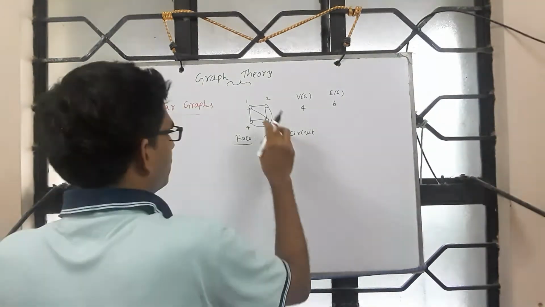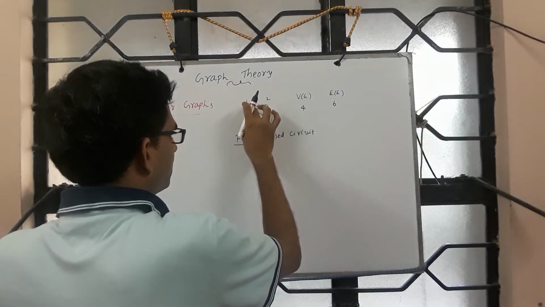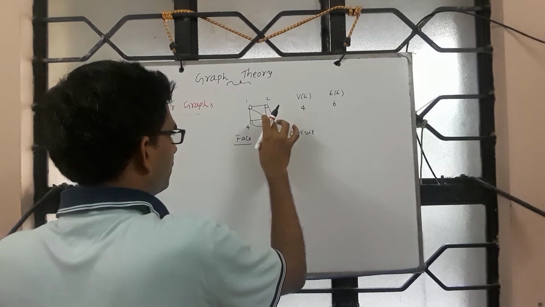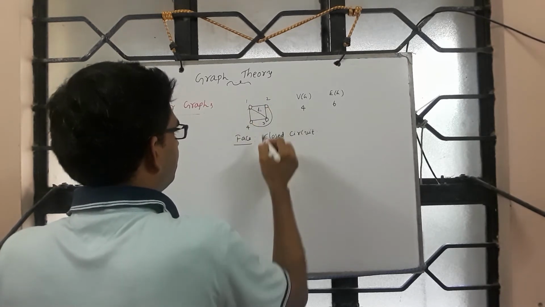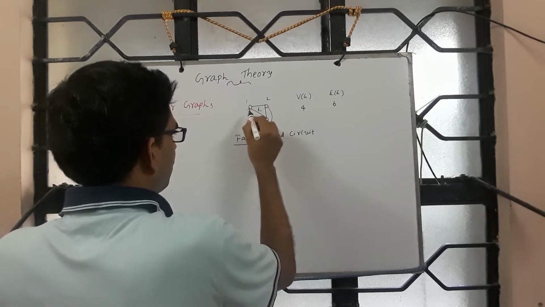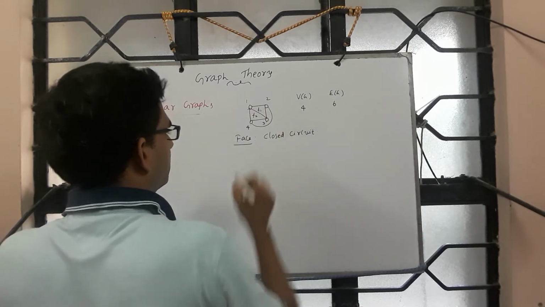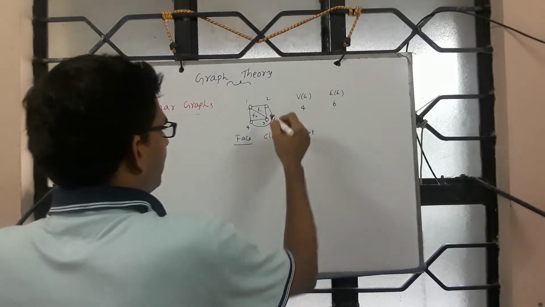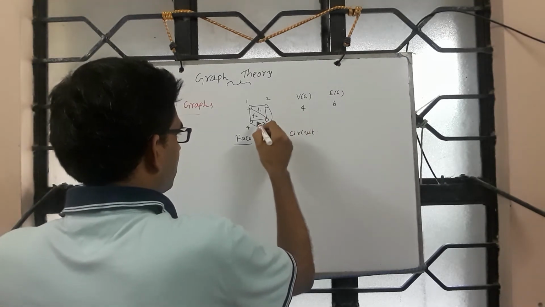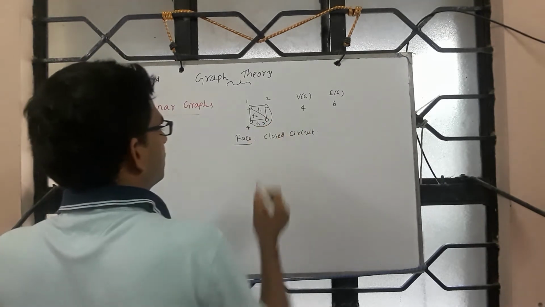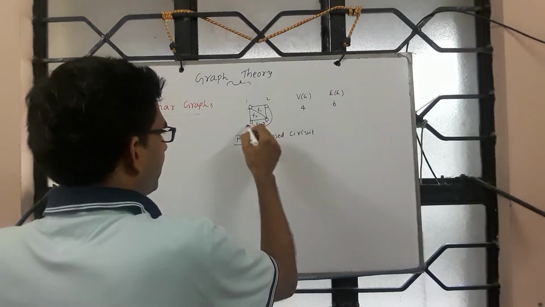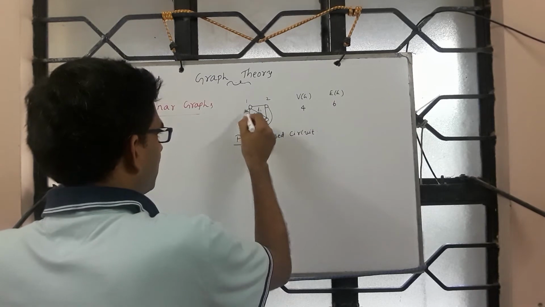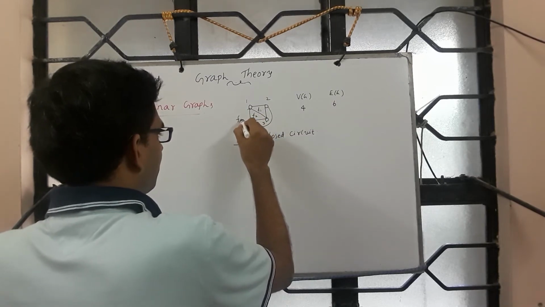So which means 1, 2, 3 is face number 1, and 1, 3, 4 is this, and 2, 3, 4 is third. So basically an induced cycle. Now it is drawn on a plane, that is another face.